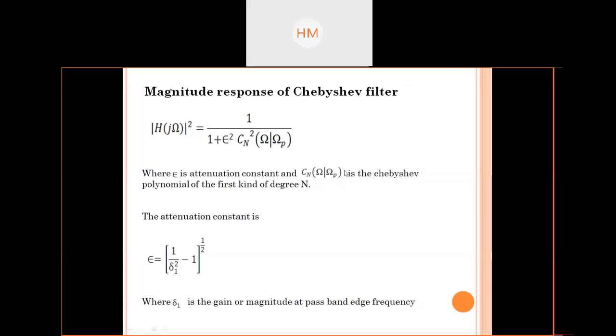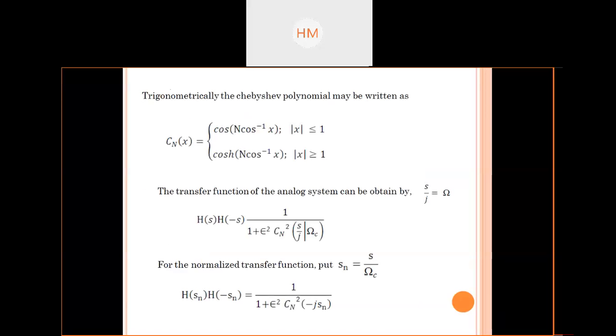Cn, a very new term, is a Chebyshev polynomial of the first kind of degree n. N is the order of the filter, the degree of the filter. Moving ahead in continuation, how I will describe this Chebyshev polynomial of the first kind of nth order. It is given by Cn of x, the Chebyshev polynomial.